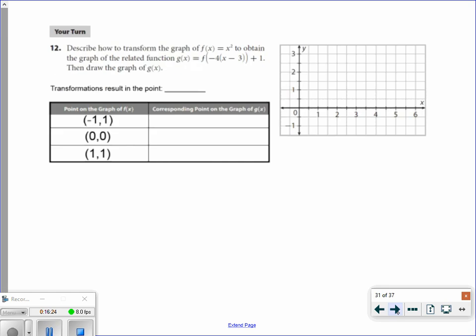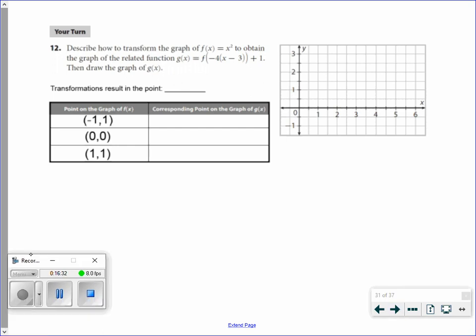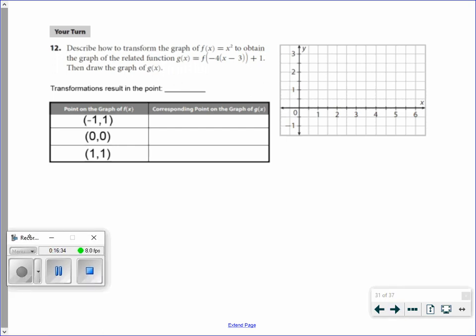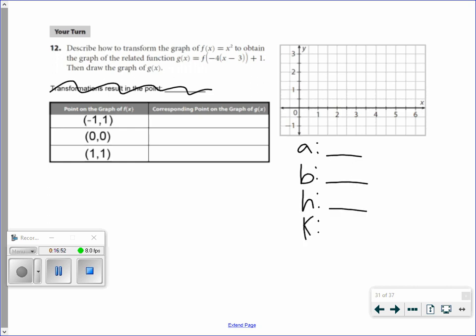All right, so here, describe how to transform the graph of f of x equals x squared to obtain the graph of the related function. I do want you guys to pause the video and try this out yourself as well. We don't give you the transformation rule here. Honestly, I don't even know what that part right there even means, so don't worry about it. But what I do want you guys to do is list out your a, b, h, and k terms, list out your parameters, and then give me the transformation rule.